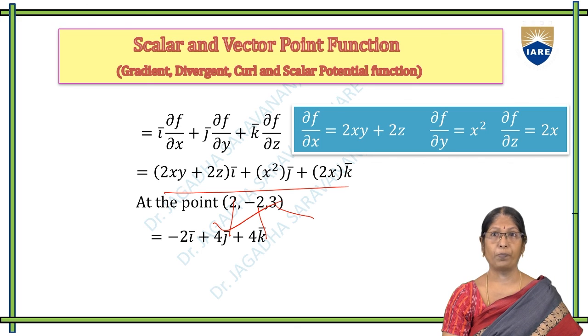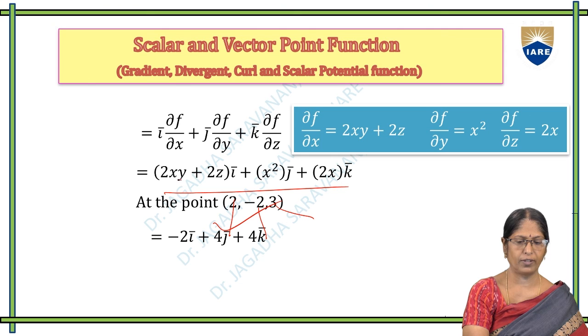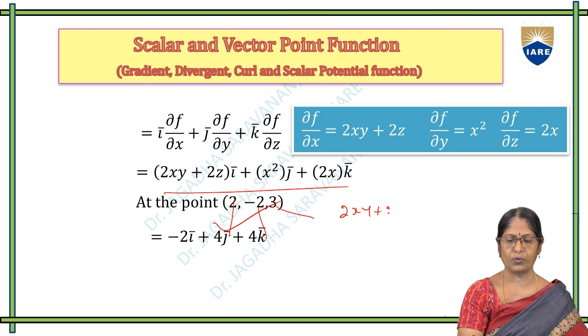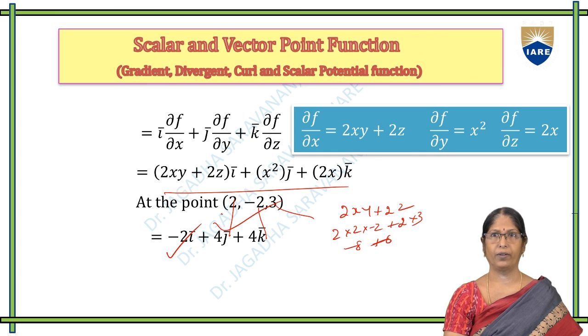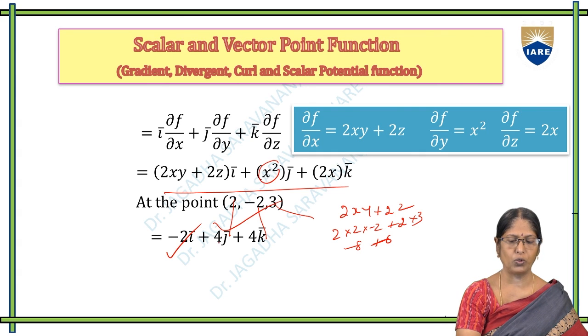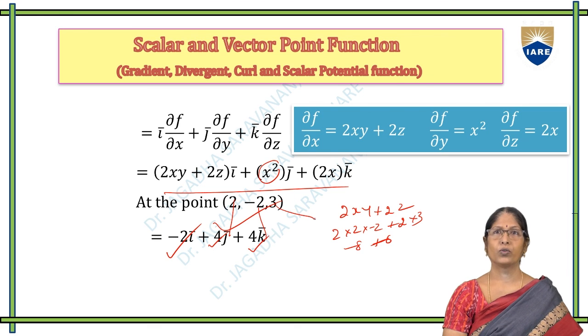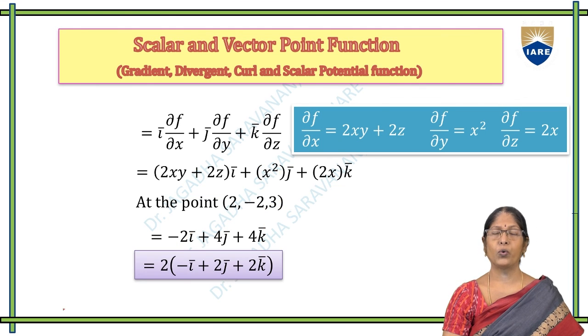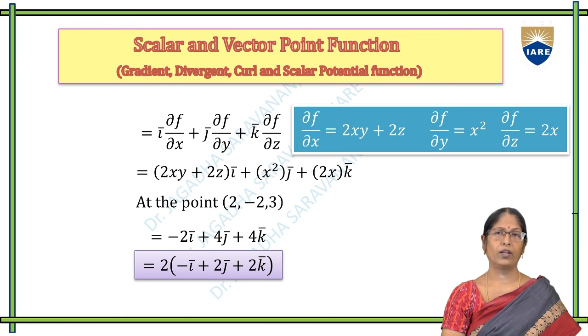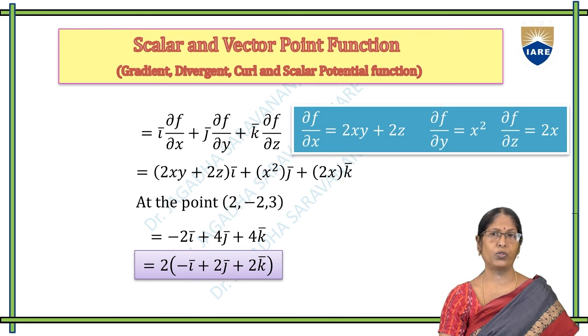So 2xy plus 2z gives 2 times 2 times minus 2 plus 2 into 3, which is minus 8 plus 6, so we obtained minus 2i. Then x square is 2 squared, 4. Next 2x is 4. So we obtained minus 2i plus 4j plus 4k. The 2 is common, so we take it outside: 2 of minus i plus 2j plus 2k.